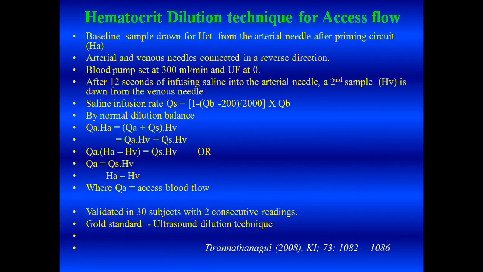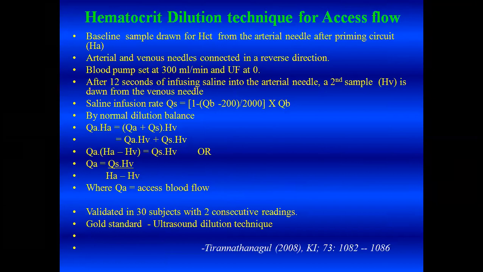This is a technique which I use in AV fistulas. It's called the hematocrit dilution technique, described in 2008 and validated against an ultrasound technique. It's based on the law of mass balance. At the start, draw a sample from the arterial needle for hematocrit, then reverse the line so that you are infusing saline into the arterial needle, and after 12 seconds, draw a sample from the venous lumen.